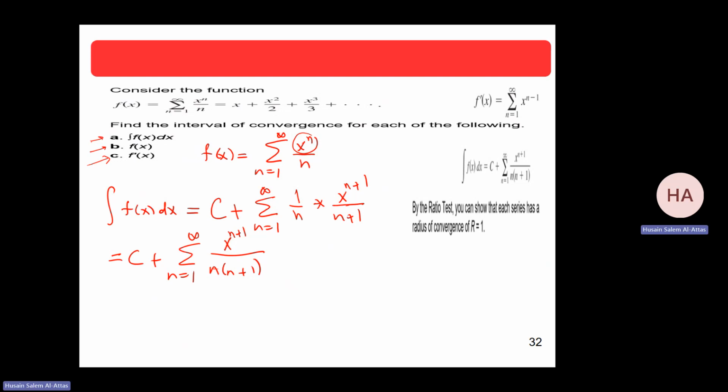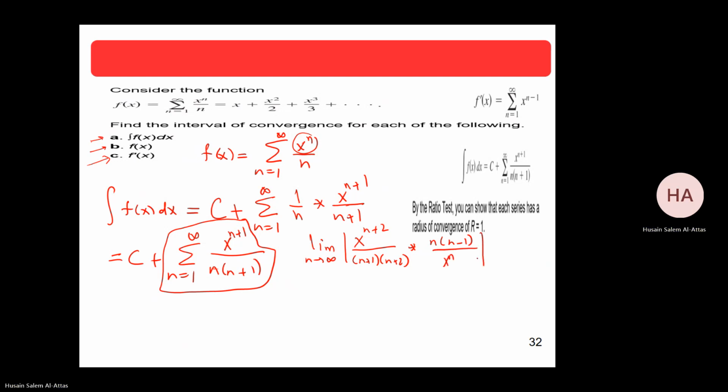Now, I need to check the interval of convergence for this series. So what I will do is the ratio test. We have the limit as n goes to infinity of x to the power n plus 2 over n plus 1, n plus 2, times the reciprocal, x to the power n plus 1.